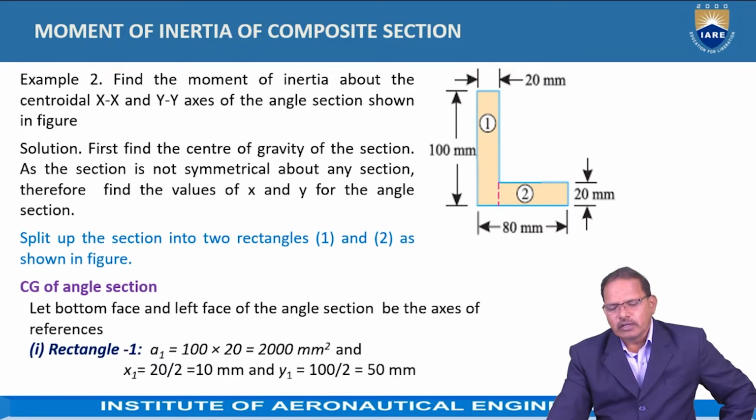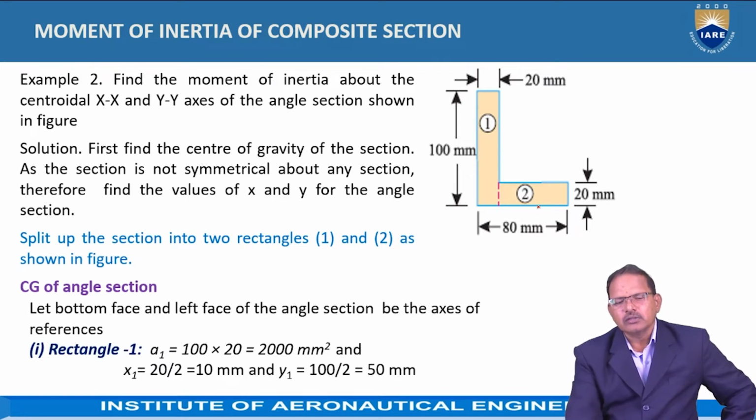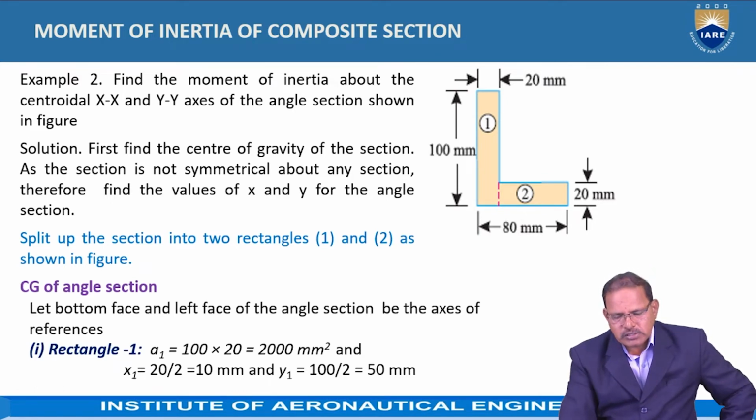Here one we represent as 1, this is the second, 2 now. Since this section is not at all symmetrical about the x-axis and y-axis, the horizontal line passing through the extreme bottom of the figure is taken as the x-axis, and the vertical line passing through the extreme left of the section is treated as the y-axis now.